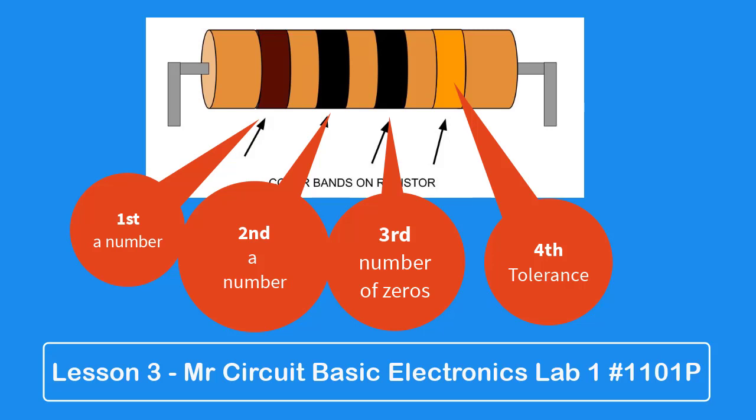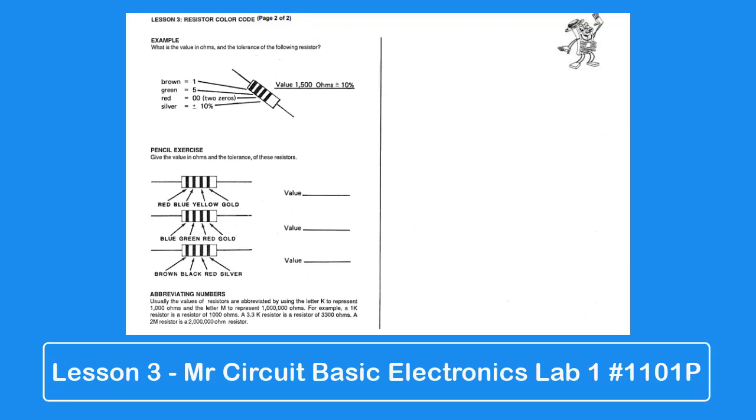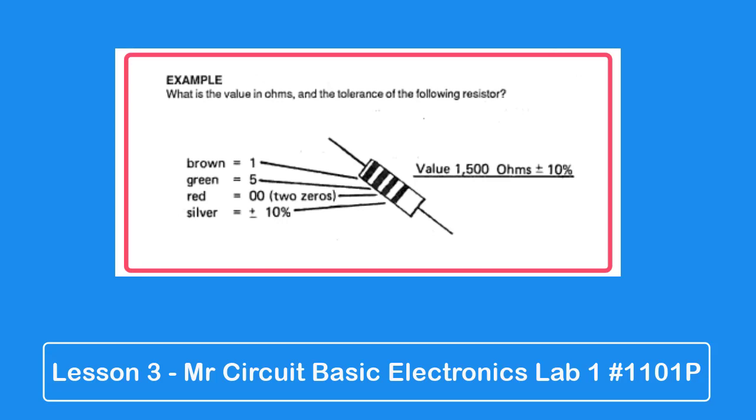All right, let's go to page number 2 of lesson number 3. Example, what is the value in ohms and the tolerance of the following resistor? Well, you see in the diagram here that we have a resistor represented with 4 color bands. The color band on the left we tell you is brown, the next one is green, the next one is red, and the next one is silver.